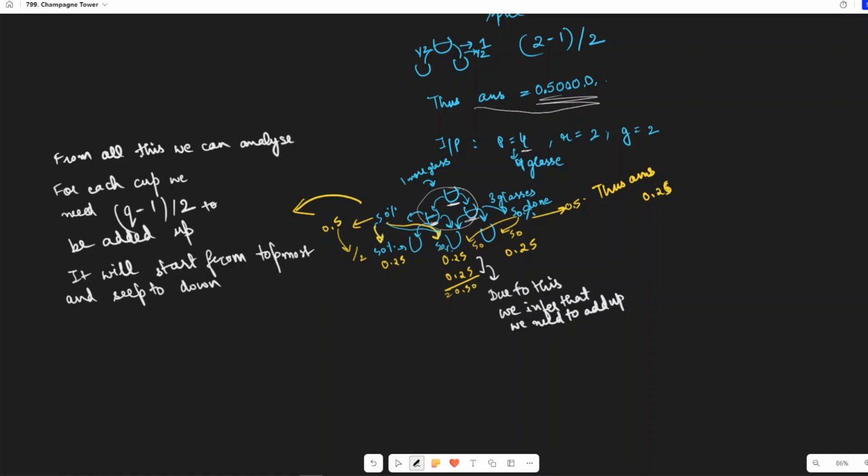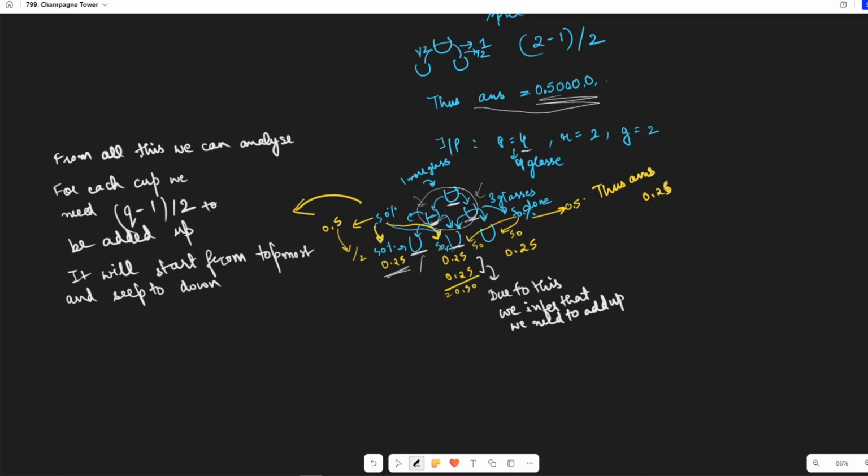So one more glass when we pour it, again half would be poured here, right? But the thing is that it is already full. So as it was already full, it will get 50% of what we poured here, right? And 50% would be poured here, right? But out of those 50%, half would be overflowed to this and half would be overflowed to this.